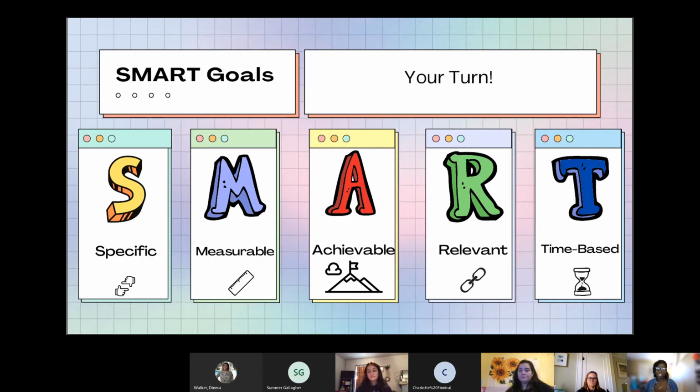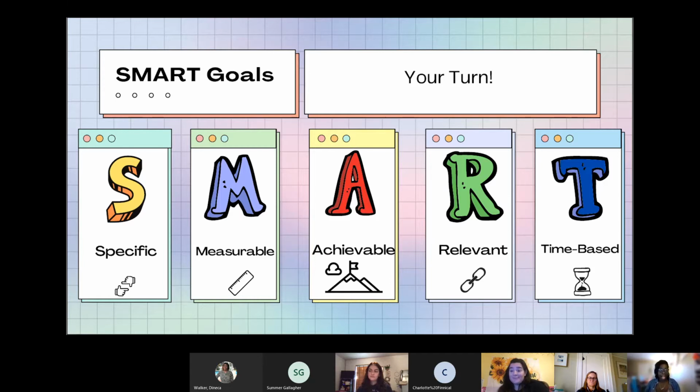One way we can do that is by setting smaller goals each semester, or setting, like you said, smaller goals of making sure that we get our homework and assignments done by passing certain classes. So when we have such large goals, whether it's daunting or not, we can chop them up into smaller goals and then make sure that those smaller goals are also SMART goals, in that they are specific, measurable, achievable, relevant, and then time-based.